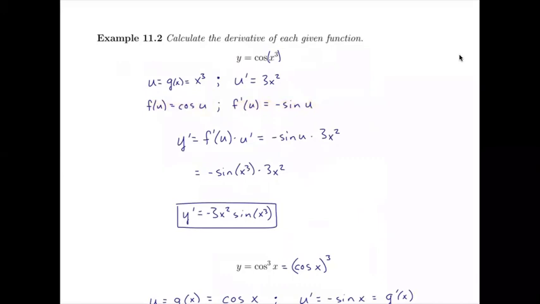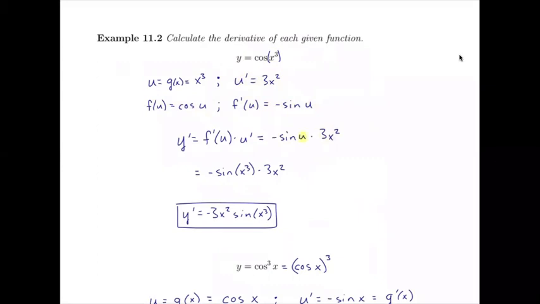And we have that the inner function is x cubed, so we call that u or possibly g, and u prime is 3x squared by the power rule on that function. So when I put it together, I'm going to have f prime of u times u prime. I know that f prime of u is negative sine of u times u prime, which is 3x squared.